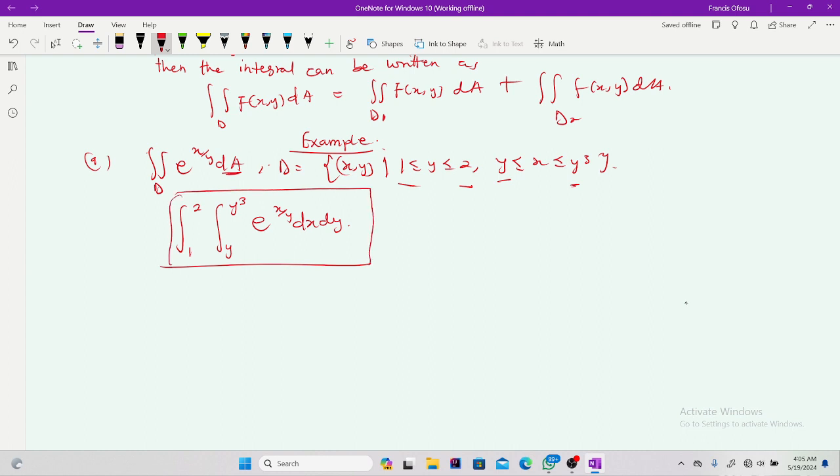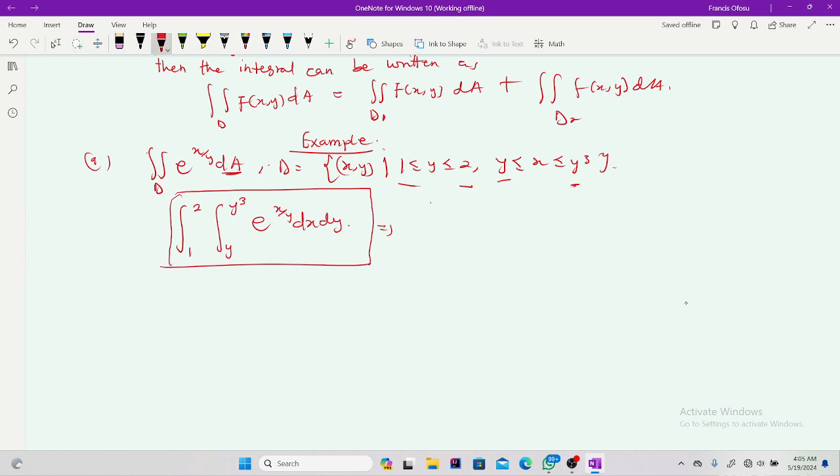What we need to do is apply our knowledge from elementary calculus. We always integrate the inner integral first before we come to the outer. If you have four, five, six integrals, always put the inner one first, the one attached to the function, before the outer. So the inner one I'm integrating with respect to x.